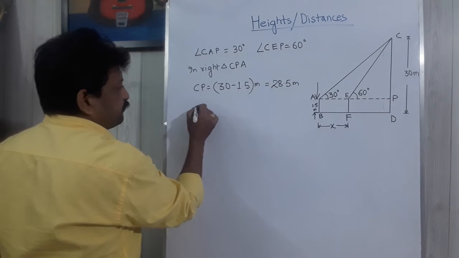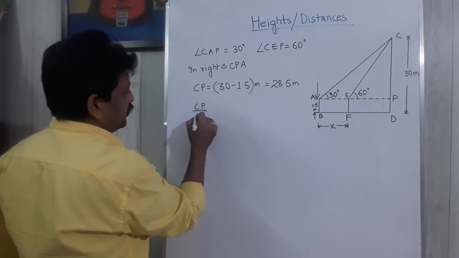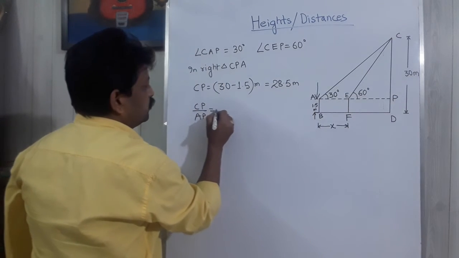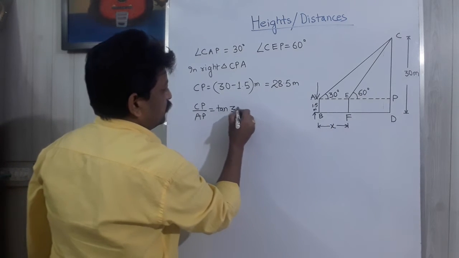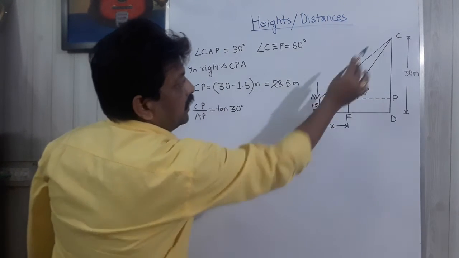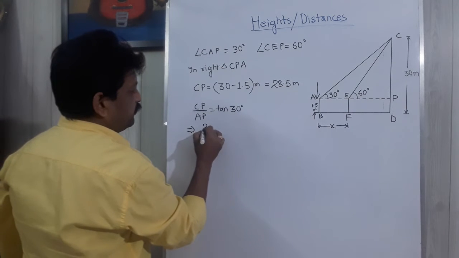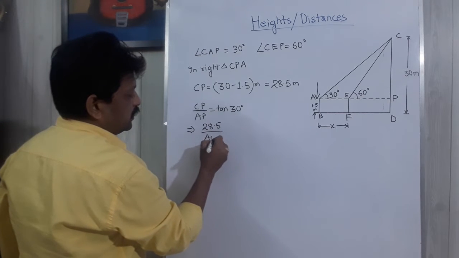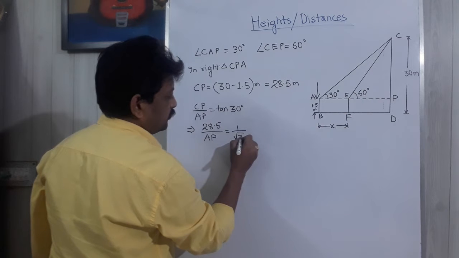So here, CP upon AP, that is perpendicular upon base, equals tan theta. Theta is 30 degree. We have taken the triangle CPA. Now CP we know, CP is 28.5. AP we don't know, so let it be AP, and tan 30 is 1 upon root 3.